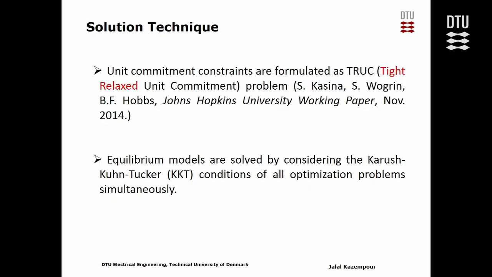My colleague Ben Hobbs and I believe it's better to have binaries and then relax them. It brings less approximation than totally ignoring the binaries. But it's a discussion that we can have later. It's not related to the idea of virtual bidding. But you can read this report on how we can relax the unit commitment constraints in a tight way.